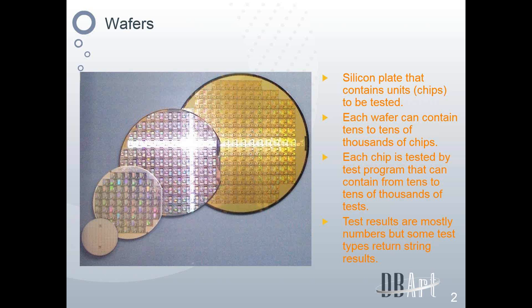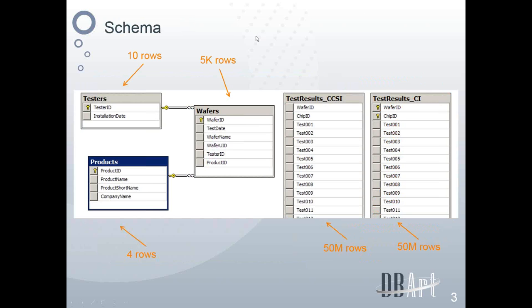So here is the schema I will use for the demo. Testers are those machines that we use for testing products. We have only 4 products. Wafers is the list of wafers we test. Each wafer is tested on one tester and belongs to a particular product. And we have 2 fact tables.